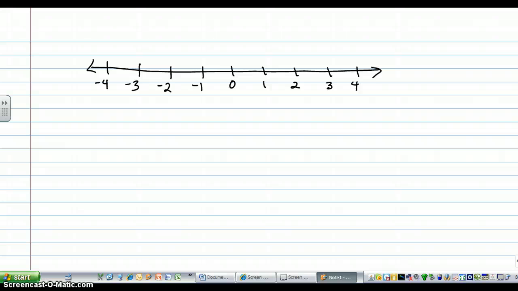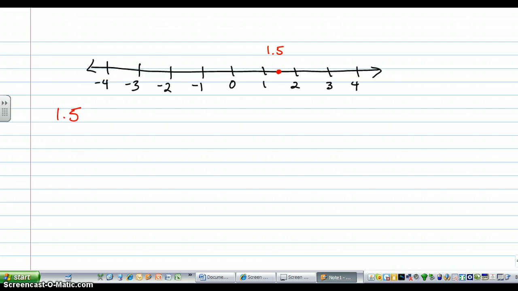Okay, so to wrap it up, take your pencil and carefully point on this number line where you would plot 1.5. 1 and 5 tenths. If you need more time, pause. So 1 and 5 tenths, I go to the 1. 0.5 we learned is 5 tenths, which is a half, so you should be right here for 1.5.